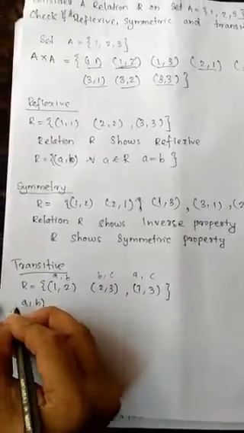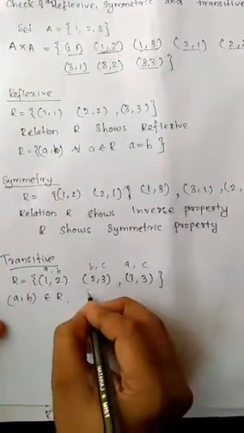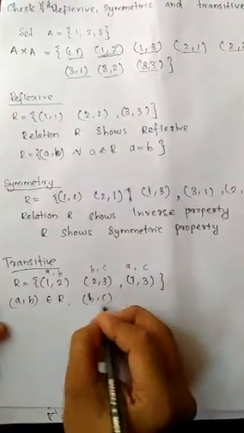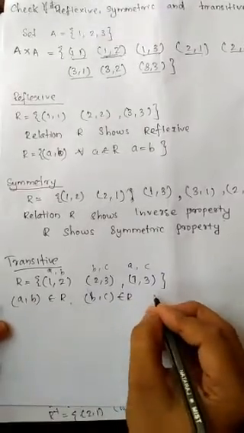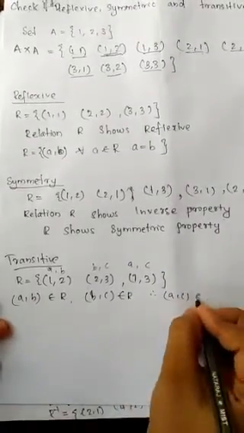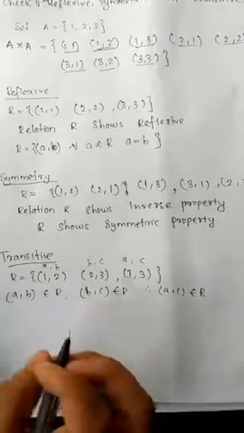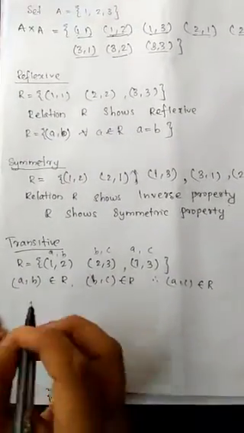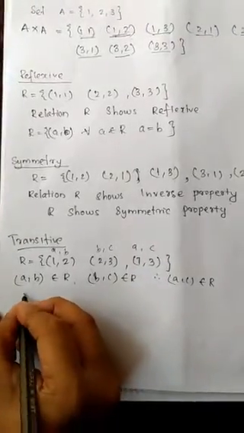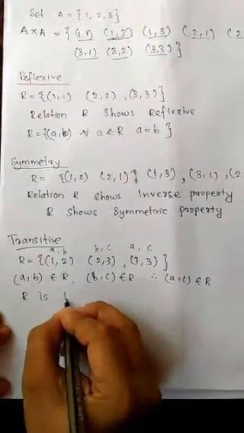That is, (a,b) belongs to the relation, (b,c) also belongs to the relation, which implies (a,c) also belongs to the relation. So the relation shows the transitive property also. R is transitive.